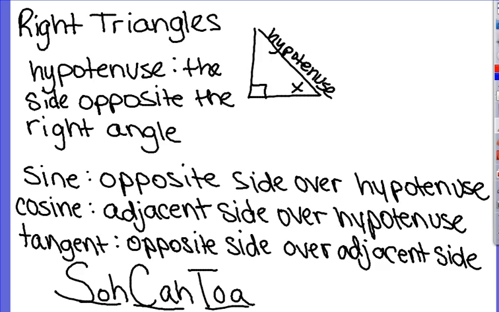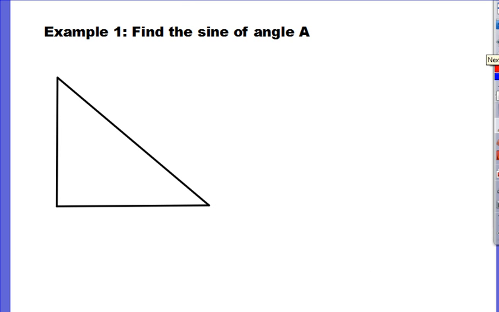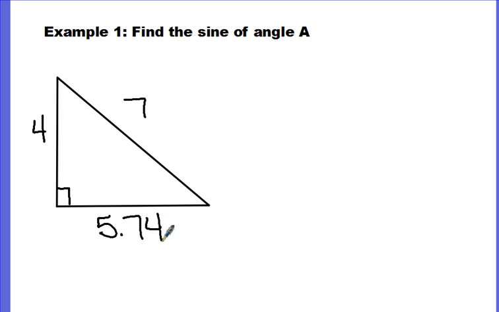Example 1. We're going to find the sine of angle A. Okay, this is a right triangle. The hypotenuse is 7. One side is 4, and the other side is 5.74. Angle A is the angle in the bottom right-hand corner.